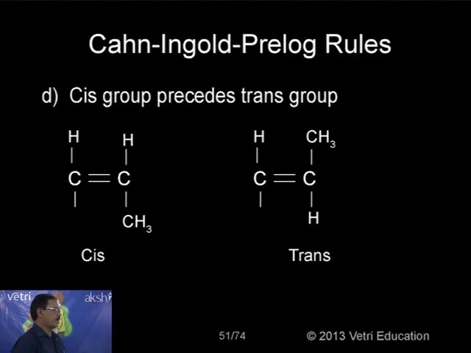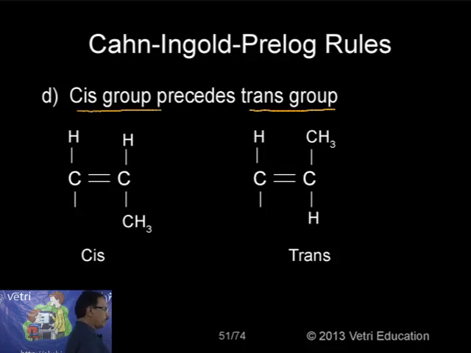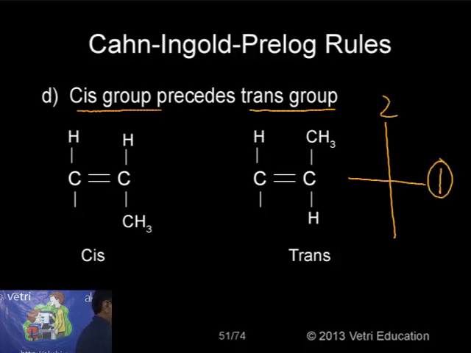Now there is another problem. Suppose there are two different groups, one cis and another trans; then the cis group takes priority and precedes the trans group. Cis takes priority over trans. Let us assume this is an asymmetric carbon. One is number 1, this is number 2, and two different groups are attached, one cis and one trans.